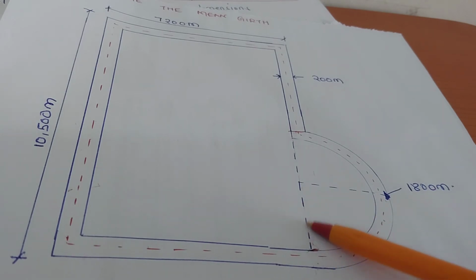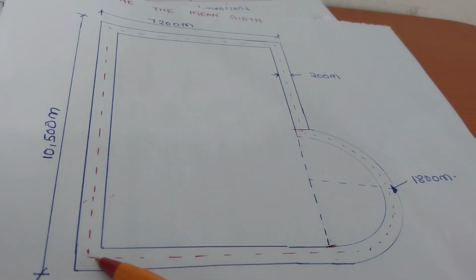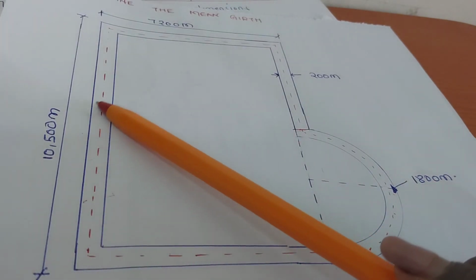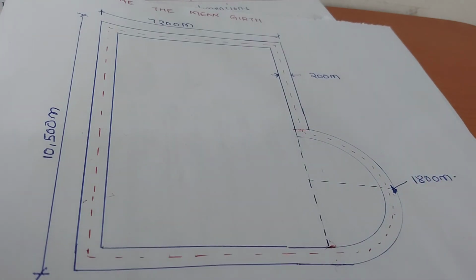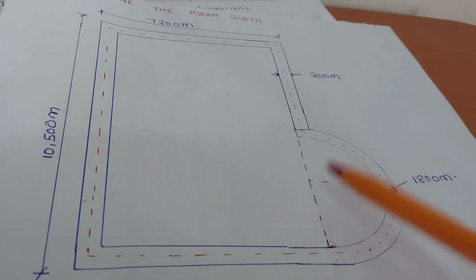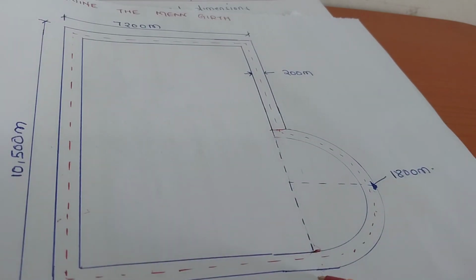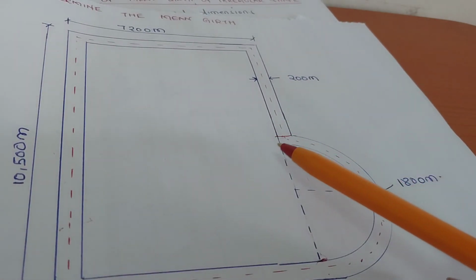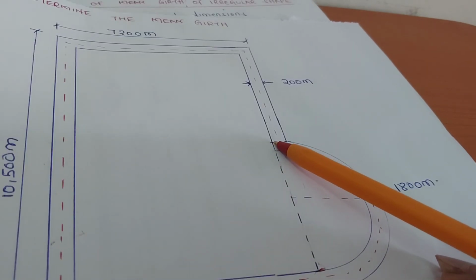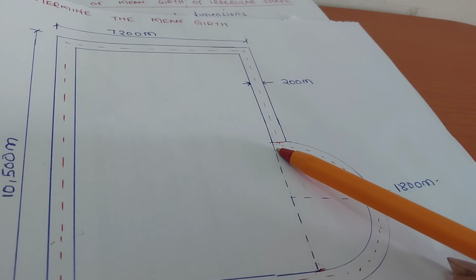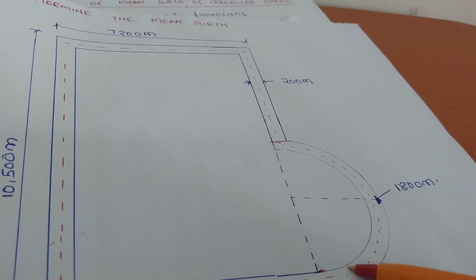So we have to subtract this portion for us to be able to get the perimeter. Let's say we start here, we go round, we go up, we cover the circular part up to this point without including this portion. So we are going to less this portion, and what you know from here up to here is that 3600. That is the external diameter, but we don't need this wall, and we don't need this wall.